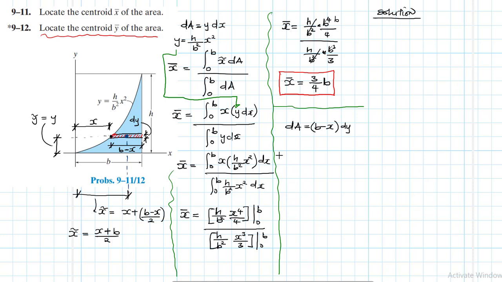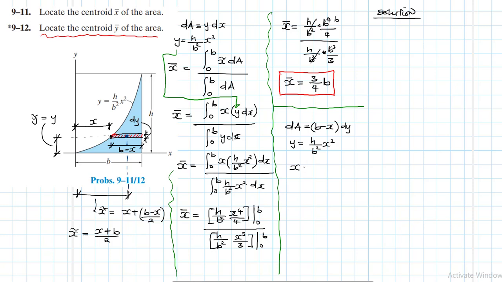Great. And then we know that y is equal to h divided by b squared, x squared. We can make x subject of the formula because we'll need to replace this x, because we are going to be integrating with respect to y, so everything else must be y.